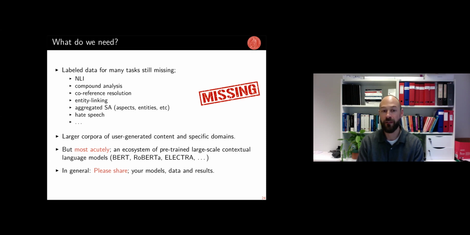for Norwegian NLP today is to have more large-scale pre-trained contextual language models available, like the ones from the BERT family. So BERT, RoBERTa, DistilBERT, there's a bunch of these closely related models, and many others. And we're still missing these. We have ELMo models, but we don't have freely available, shared, large-scale contextualized language models for Norwegian.